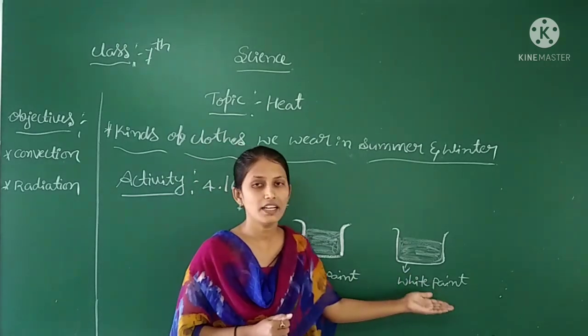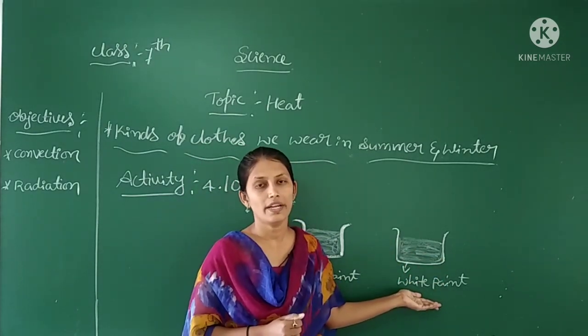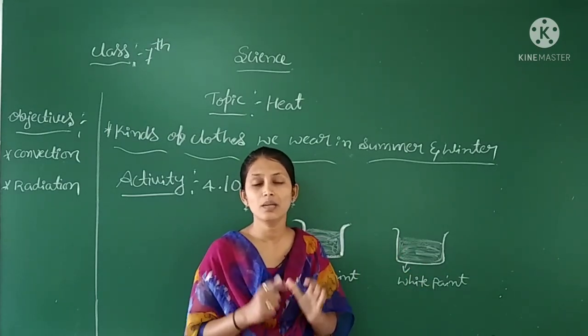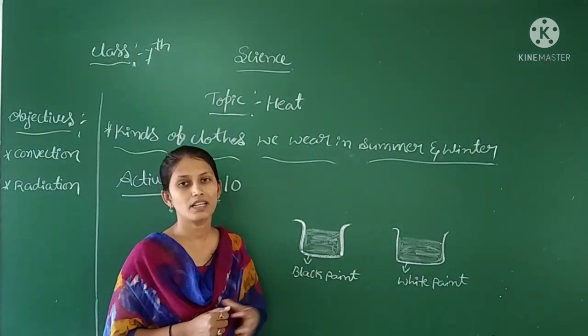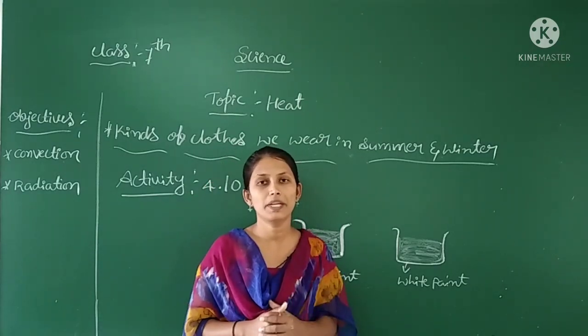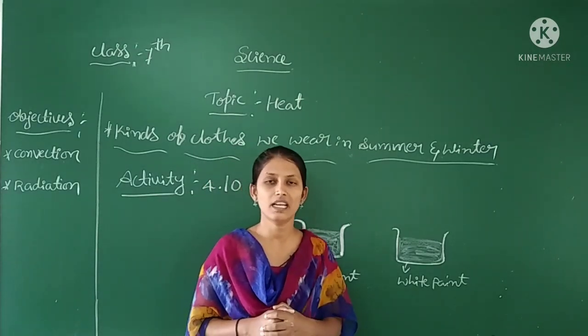In the second tin can the outer surface is covered with white color. White color does not receive as much heat energy as black color, right? Black color is one of the good absorbers of heat energy.